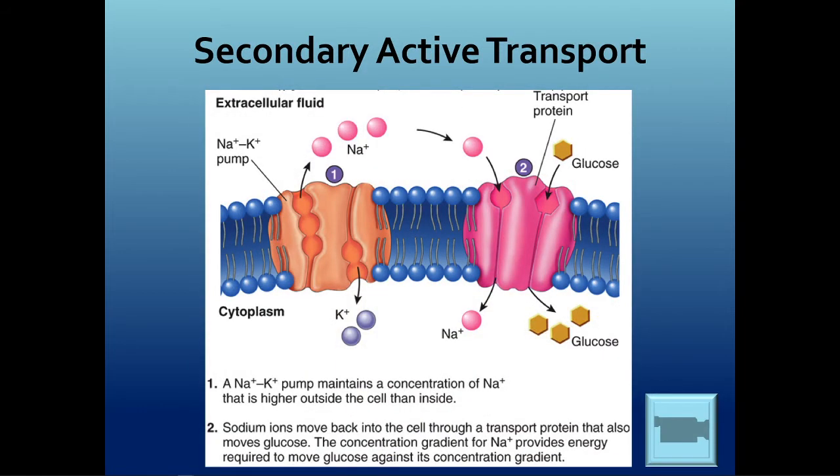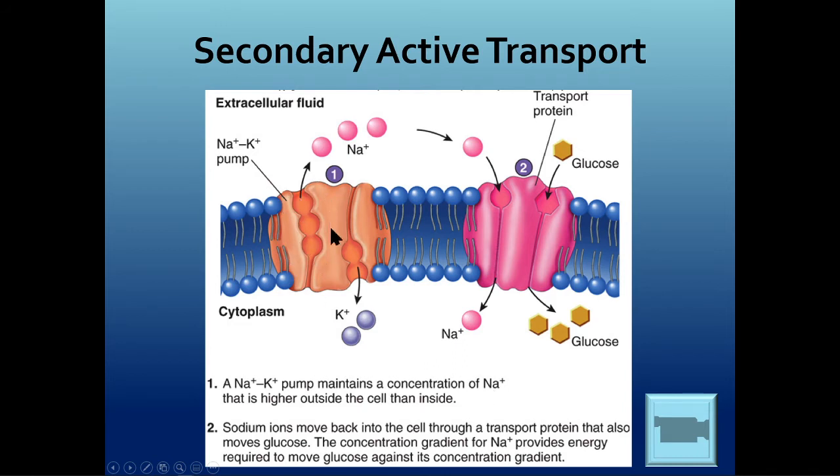Secondary active transport is where a primary pump feeds the concentration gradient to make a second pump work. If we look at a secondary active, here we can see the sodium pump maintains the concentration of sodium.